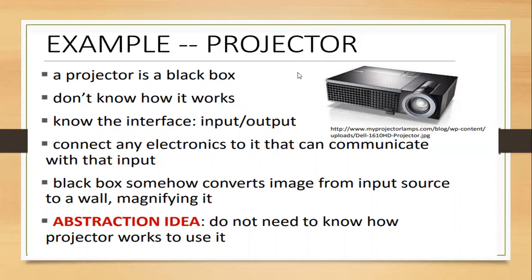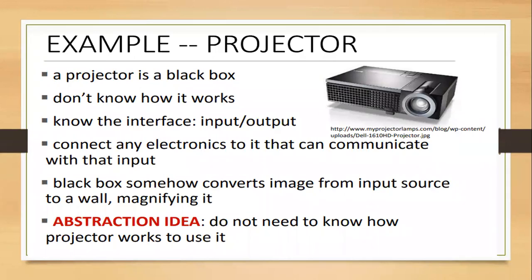So you know how to connect maybe your laptop to it, and then you see the way it will be able to produce the output. So you connect any electronics to it that can communicate with that input. The black box somehow converts the image from the input source to a wall, and then it magnifies it to be big. You really don't know how these things happen.